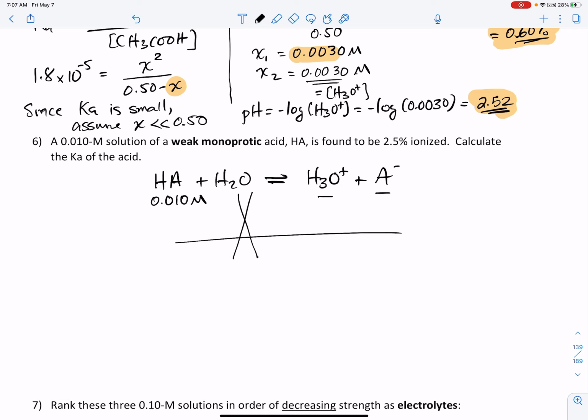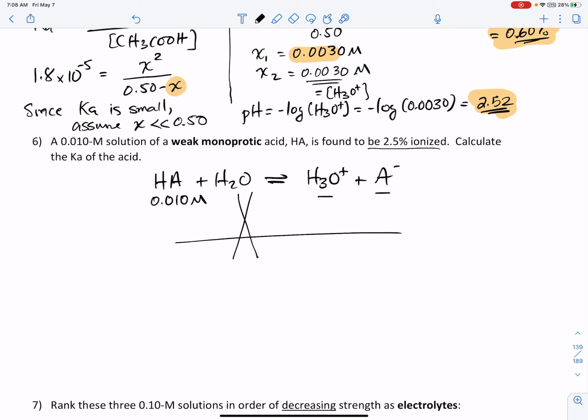All right, now we're trying to find the Ka value. So I don't want to start filling this in with x's because I don't know the Ka. So filling it in with x's won't be very helpful. But we know that the acid is 2.5% ionized.